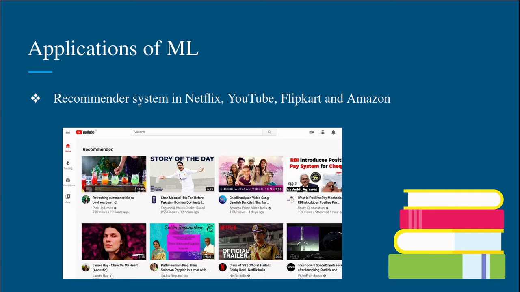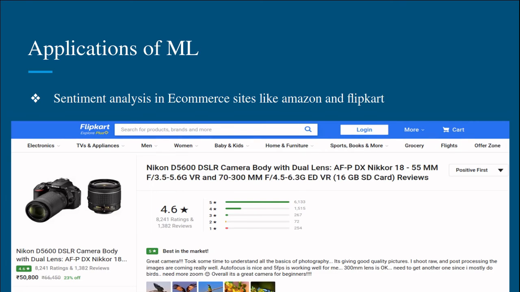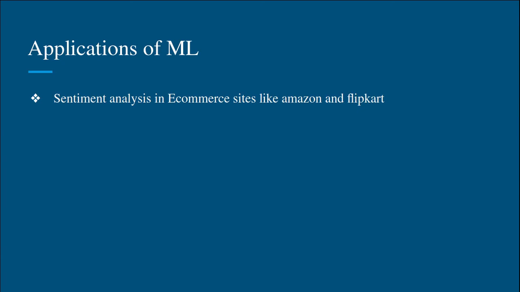Again, you might have come across positive and negative product reviews on e-commerce sites like Amazon and Flipkart. They use a machine learning algorithm to do sentiment analysis and classify the reviews as positive and negative. All such things are done to give a better experience to a user to decide which products to buy.